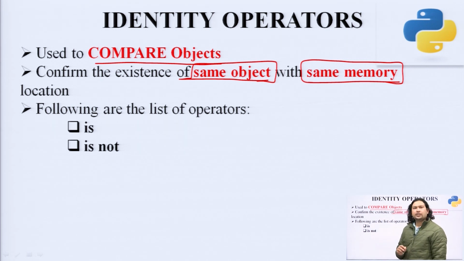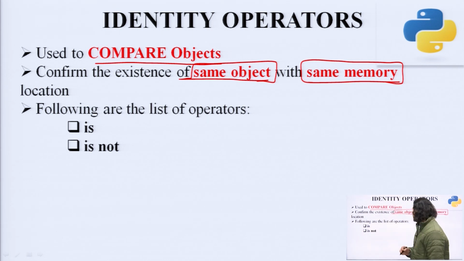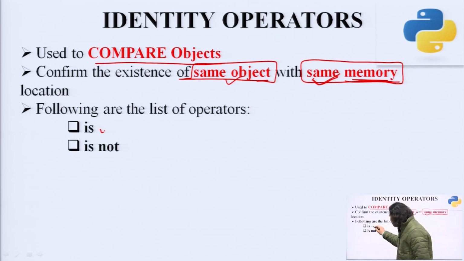Whatever the data, whatever the numbers, whatever the data type you choose, the data is always represented in some memory. So, it is going to check on the basis of these two things whether the object is the same, and whether the allocation of that memory or the variable will be on the same memory or not. The two operators under this heading are is and is not. Now, look at the example.